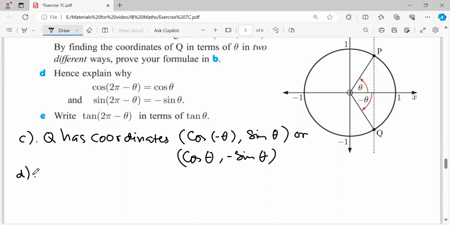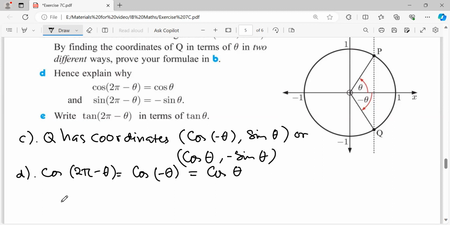Explain why cosine of 2 pi minus theta equals cosine of minus theta. Based on our result at the previous number, cosine of minus theta equals cosine theta.